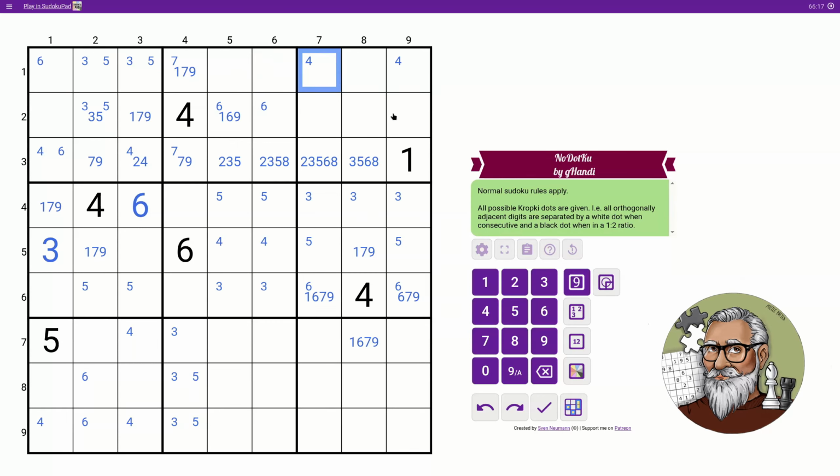So this one can't be 4. And this one is 4. And amazingly, this is not going to give us anything. Just that we clear. It's not solving the whole thing.